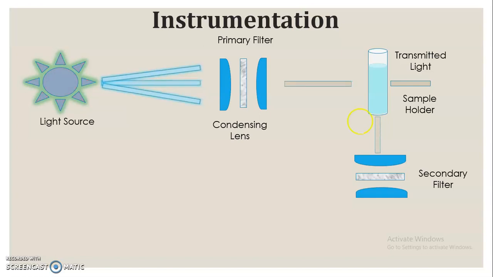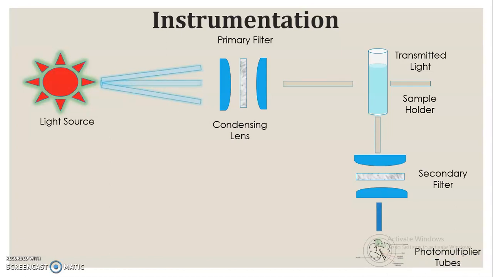You can see the difference: the primary filter absorbs the visible radiations and the secondary filter absorbs the UV radiations, because fluorescence is nothing but radiations emitted in the visible region, and these radiations emitted in the visible region reach the detector.